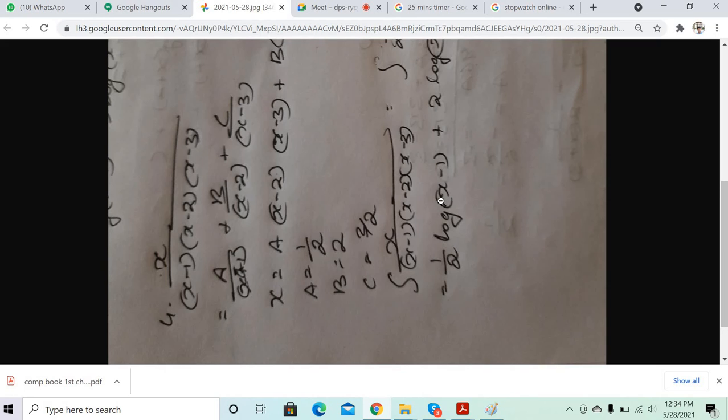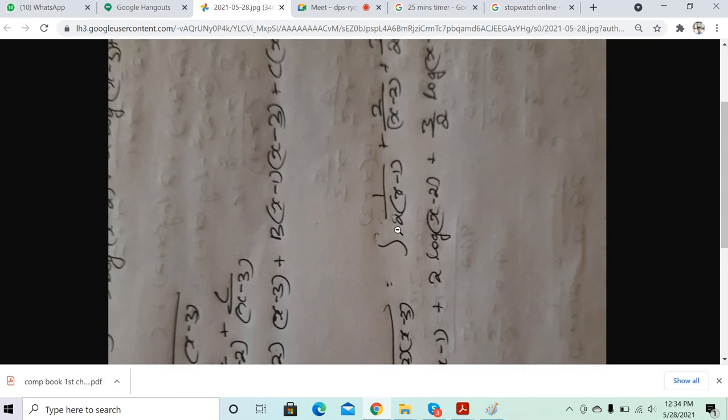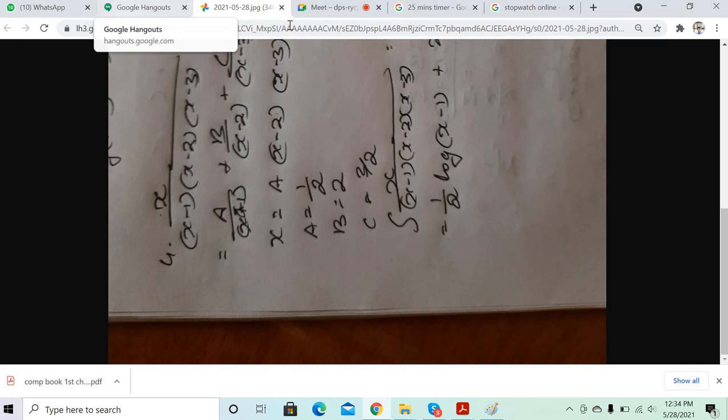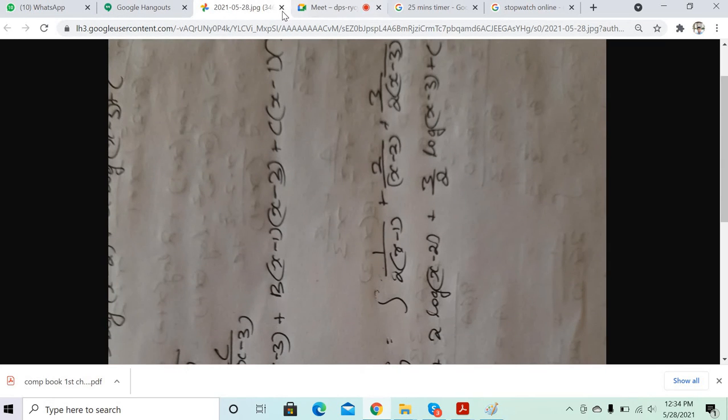Because 2 minus 3 is minus 1, and 2 minus 1 is 1, so it will be minus 2, isn't it? Yes, sir. And C is 3 by 2. So 3 minus 1 is 2, correct, 3 by 2. So only this B part, the sign should be corrected, everything else is correct. Excellent, Vijay, superb.